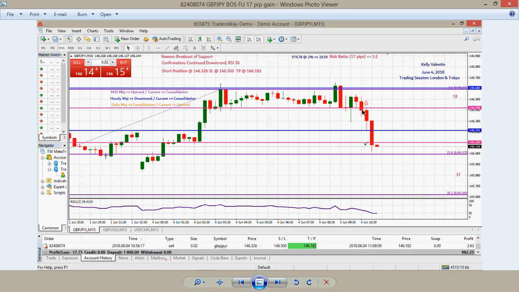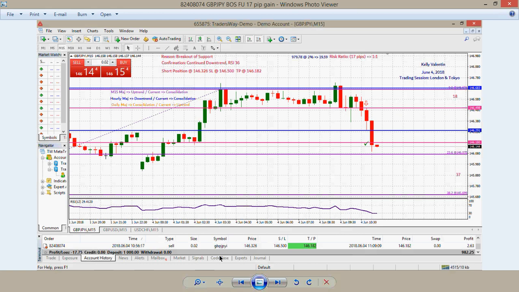I waited until this candlestick closed below the level of support, and I entered during this candlestick, so I waited for that second candlestick to start forming. I had a 1-to-1 ratio on 17 pips. I sometimes would do a 1-to-2 ratio, but I gave the trade plenty of room to breathe, so it worked out well.